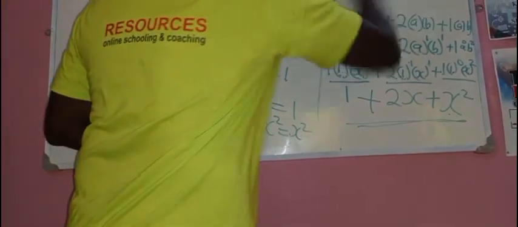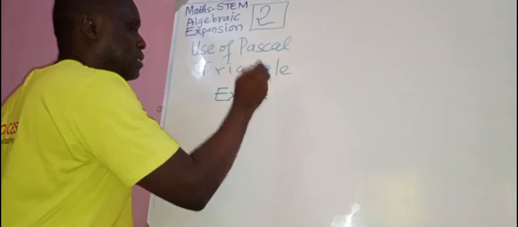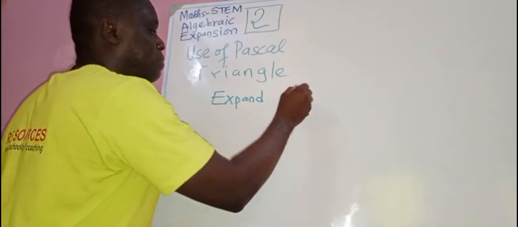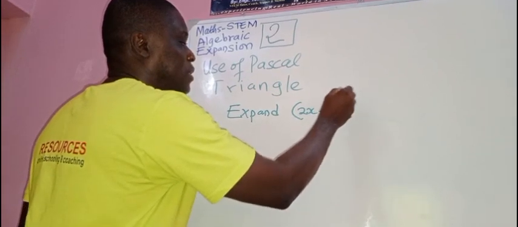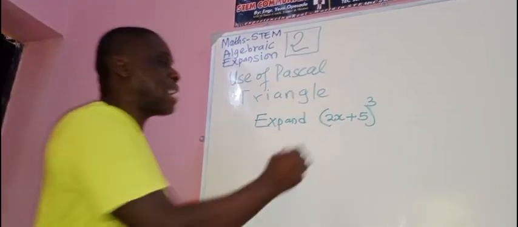That will take us to the next example, which I want you to pay attention to. Now look at this. If I say to expand (2x + 5) raised to power 3.